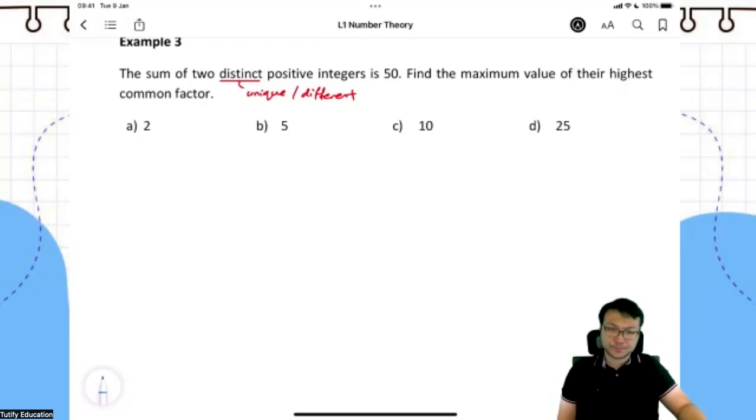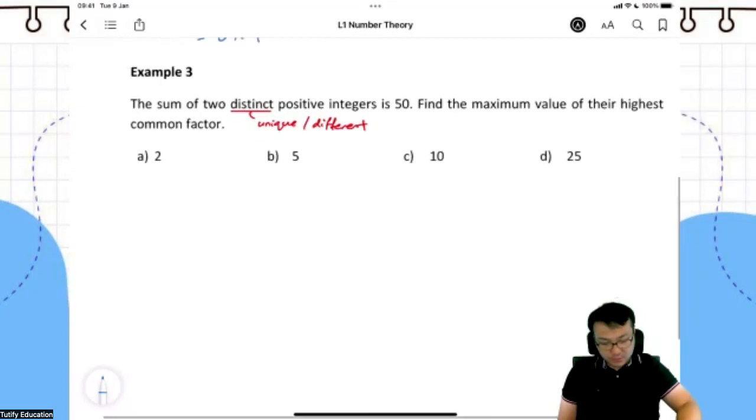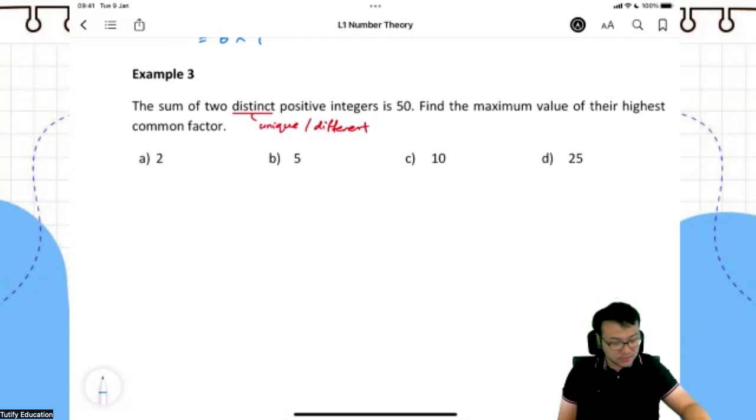Let's say that we do not know what the numbers inside the bracket are. Over here, we have two distinct positive integers. So in this case, I'm going to use two different numbers. Let's call it A and B.